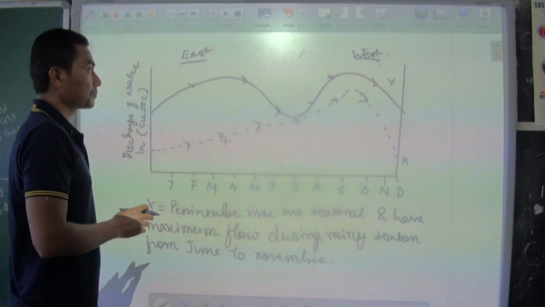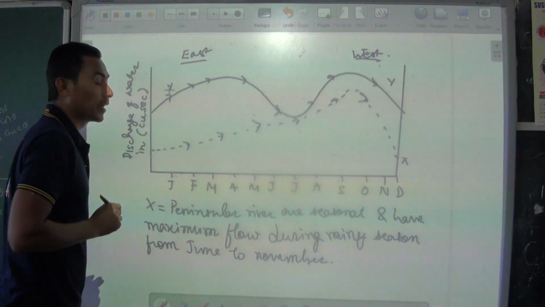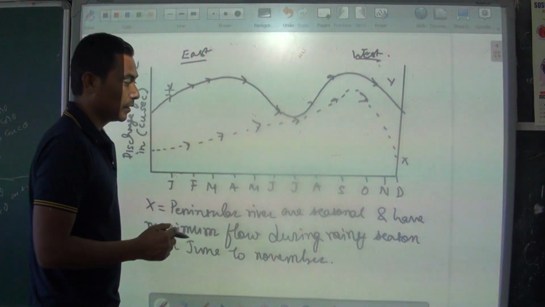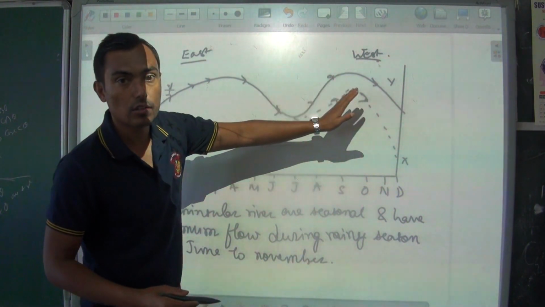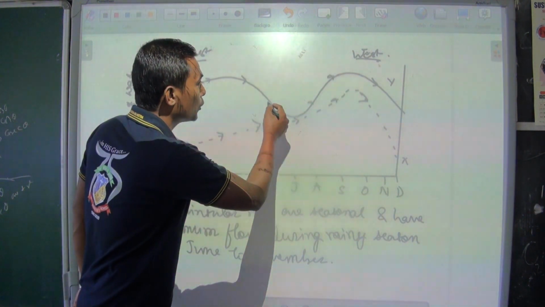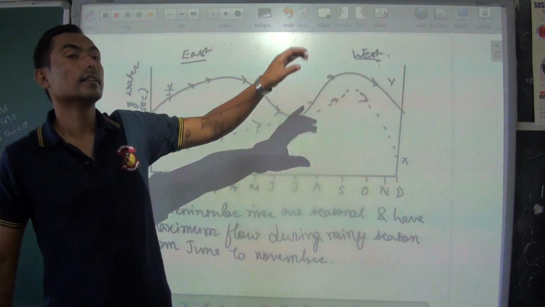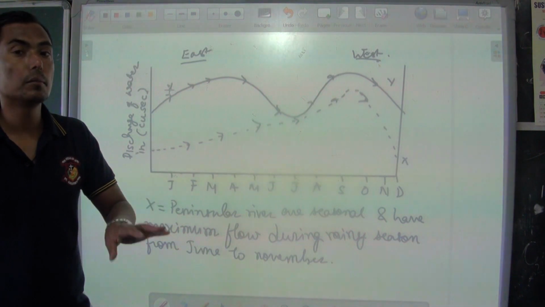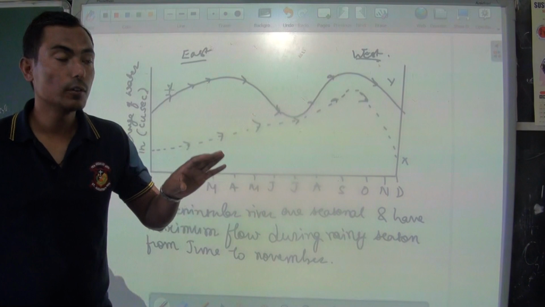Now this river, I have given it the name Y. This river is perennial in nature. It means that throughout the year it discharges a huge volume of water, except in the months of April to May, because there is a hot summer season in India, which results in a lower volume of water.